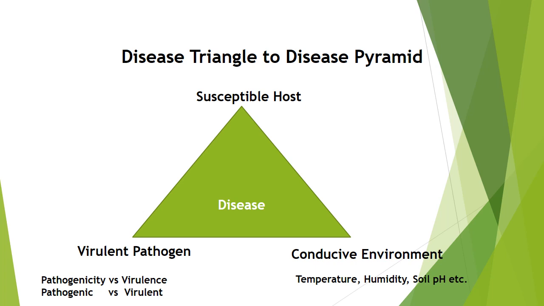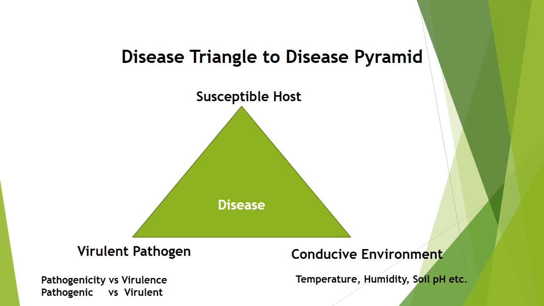So there are three ranges. One is known as the minimum, the other is the optimum, and the third one is the maximum. The minimum temperature is the temperature below which the pathogen cannot live. Similarly, the maximum temperature is the temperature above which the pathogen cannot live, while the optimum range is the range which is best for the pathogen to progress.